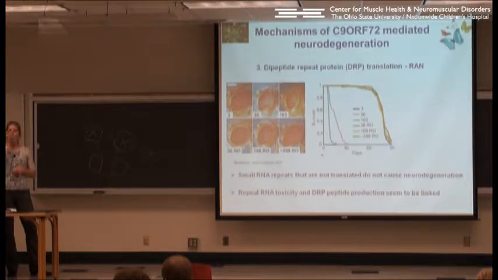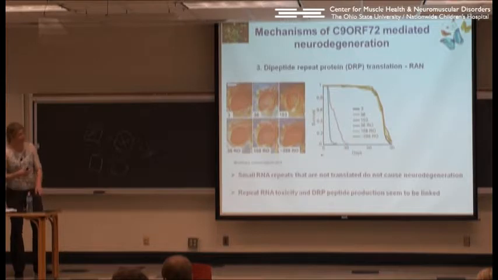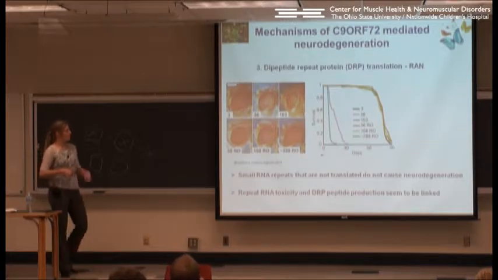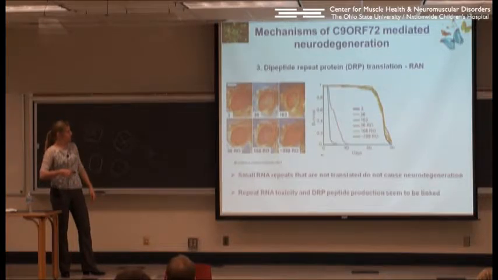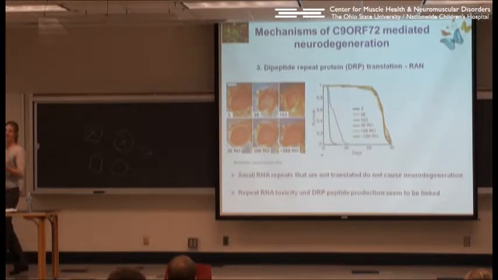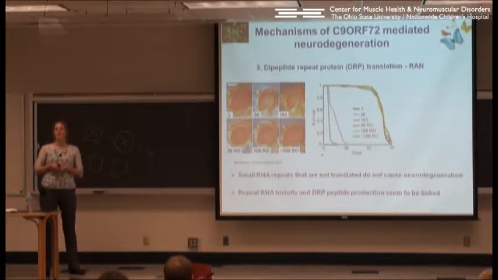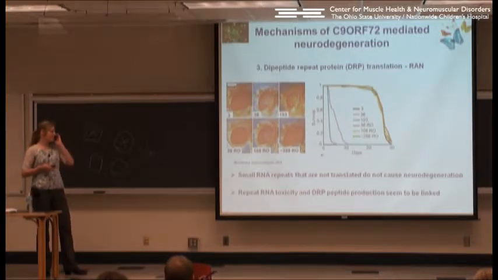And it was shown that the dipeptide repeats can give rise to toxicity at lower concentration than the RNA only. So there seems to be a correlation between the proteins that can be made from this RNA and the RNA toxicity itself. They might be related.